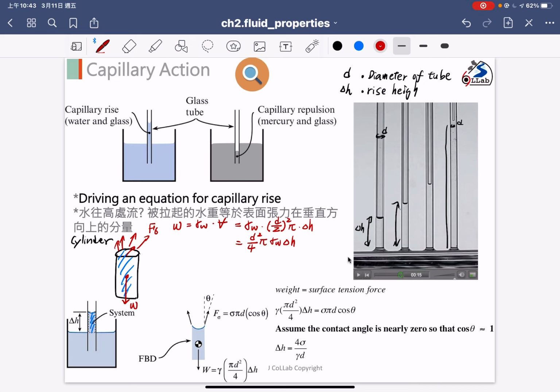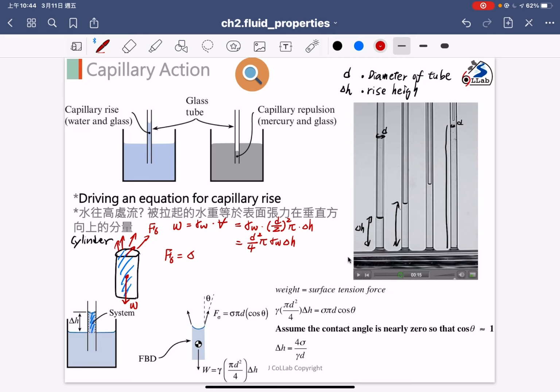Okay, this is the weight. And how about the surface tension force in this problem? So we have the surface tension, sigma. Surface tension always happens at the interface boundary.